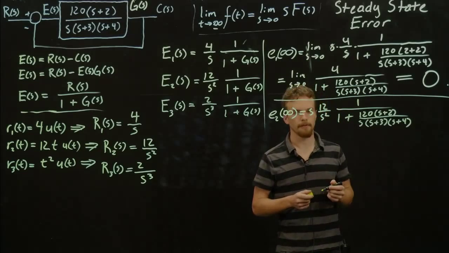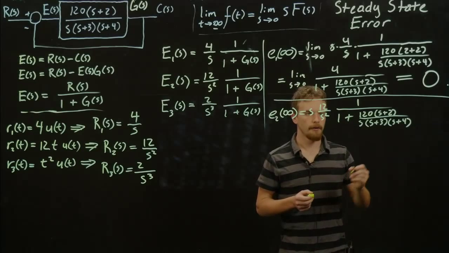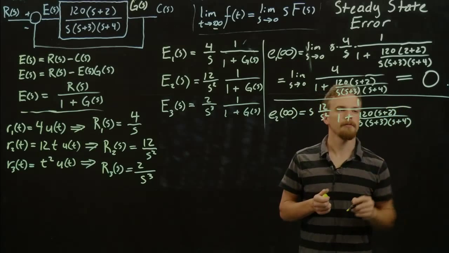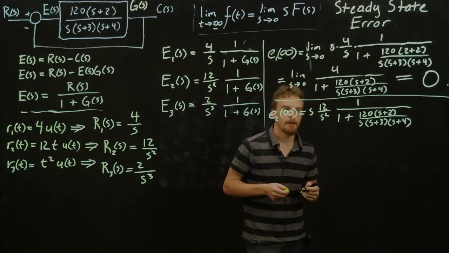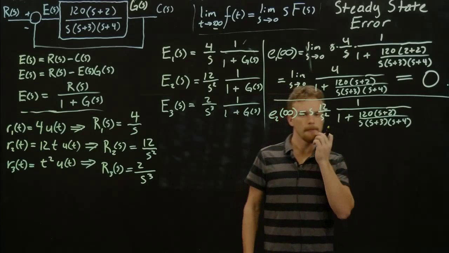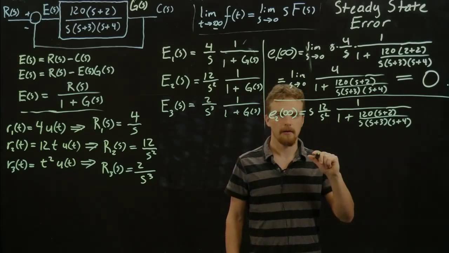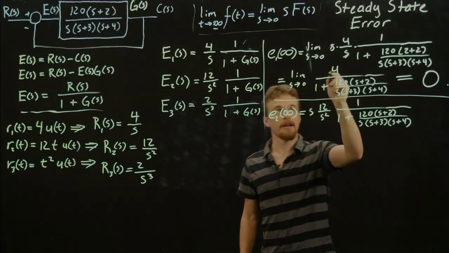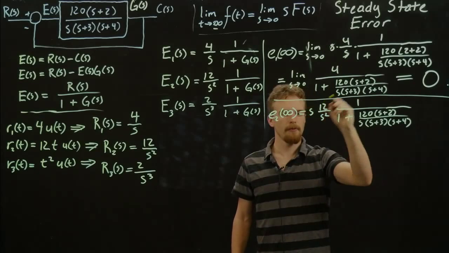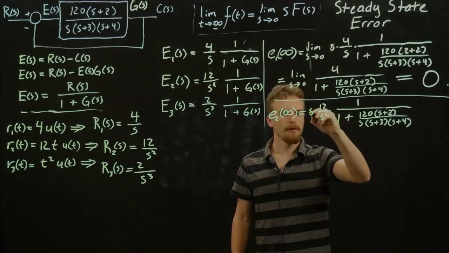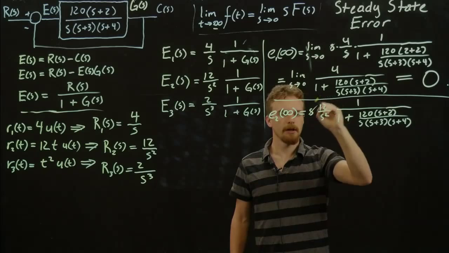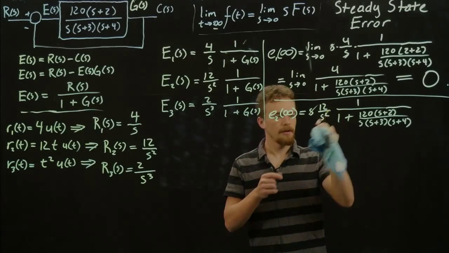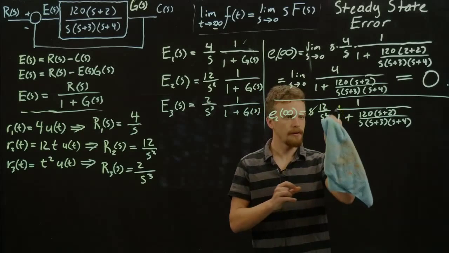Yeah. Okay. So now it looks pretty similar to our last problem, but what do we see? We see that our input has an s squared in the denominator instead. Last time we were able to cancel both of these s's. This time we'll only be able to cancel one of them. So we'll cross out that s and get rid of this square.